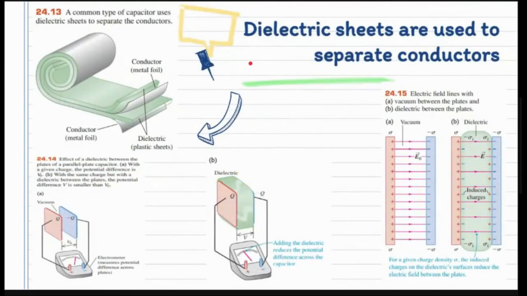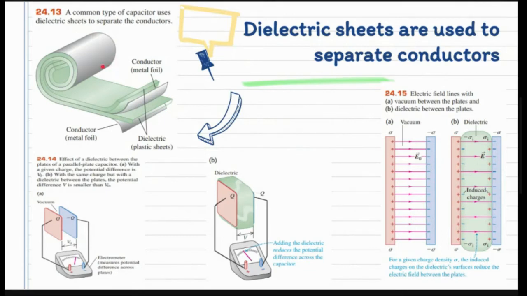Now, the most common dielectric materials are dielectric sheets. They are used to separate the two conductors. The most common type of capacitor uses dielectric sheets, formed into a cylinder.